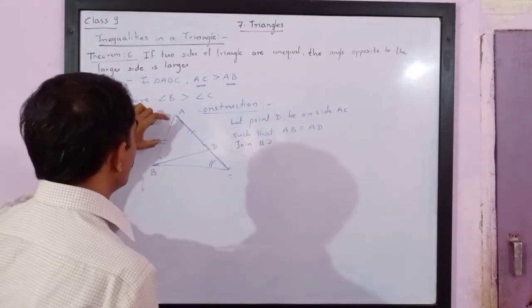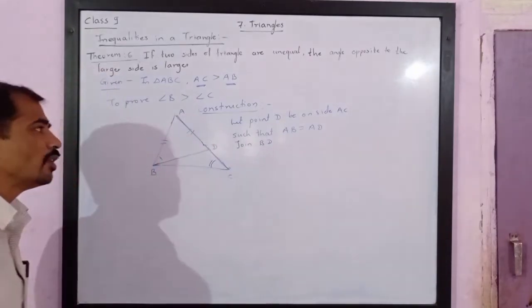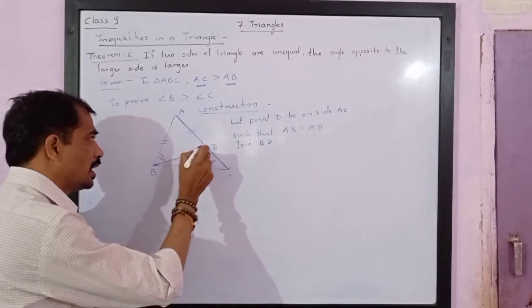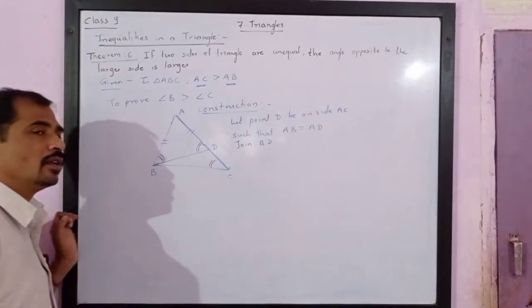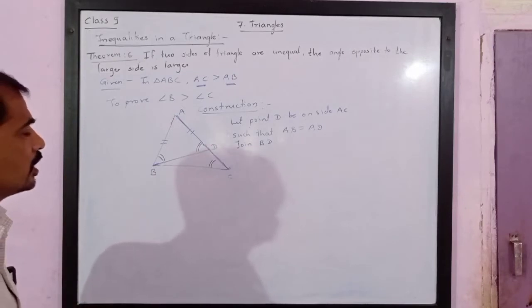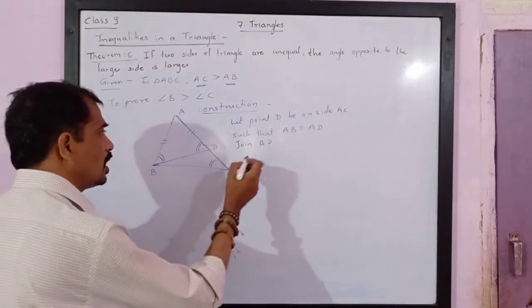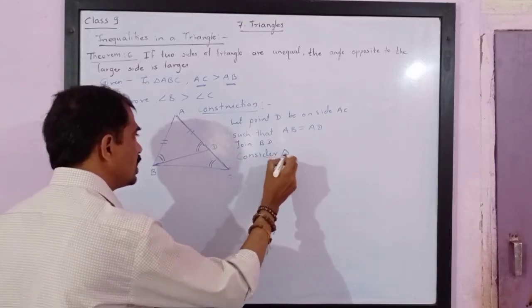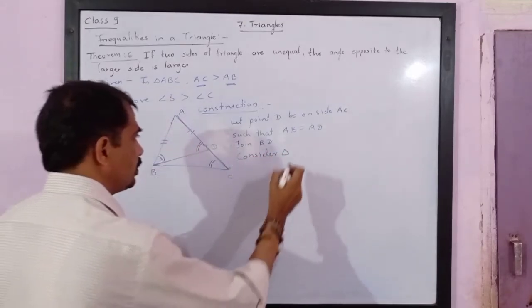So here we are considering AB equals AD. Now see, according to the isosceles triangle theorem, we have said that angles opposite to congruent sides are congruent. So let us see what we get. Consider triangle ABD.